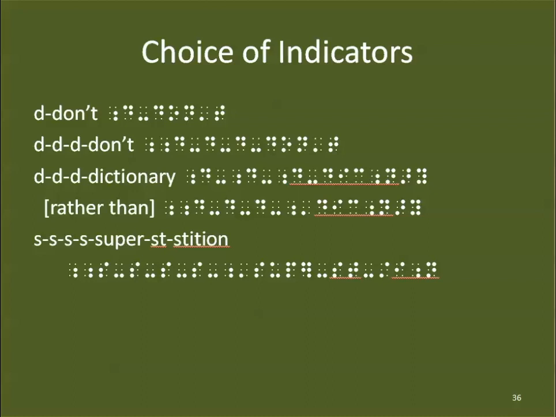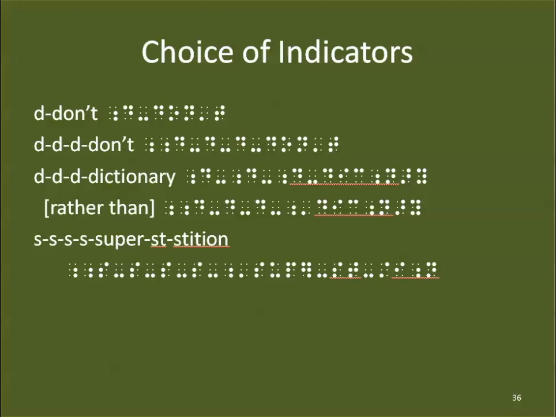Yes, this is where I usually get all tongue-tied. My apologies. The next example, we have the dictionary. Now here in dictionary, we do have Braille contractions that we would like to use. In the previous 2 examples, we had don't, which doesn't have any contractions, so we didn't have to take that into consideration. But here we do.